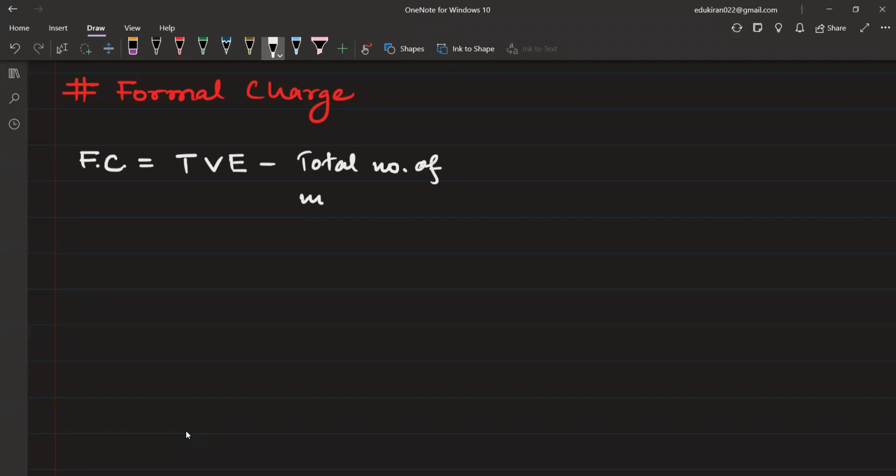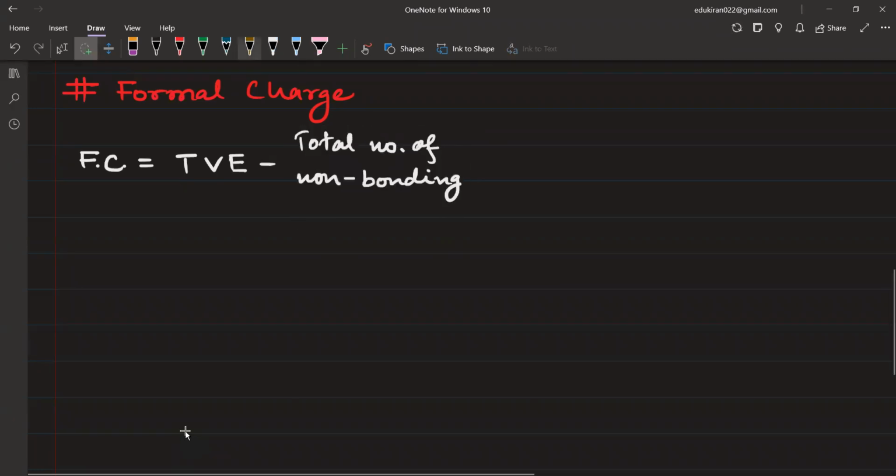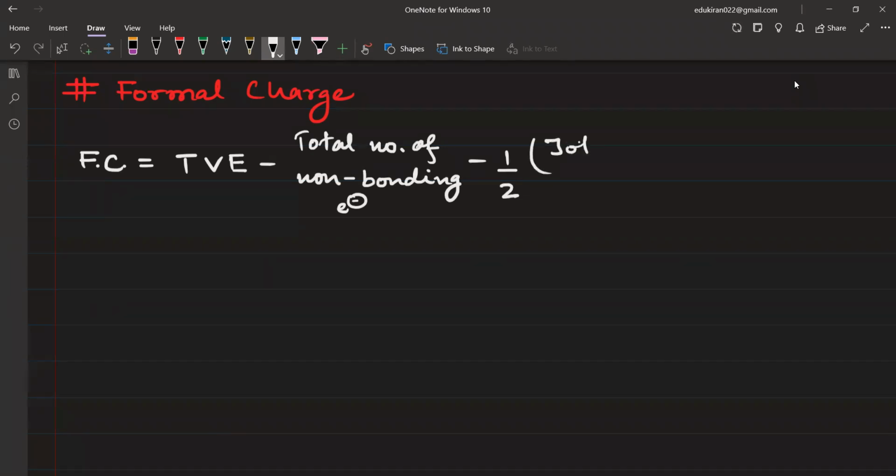Non-bonding electrons, not the pairs. Then you have to subtract this by half of the total number of bonding electrons.